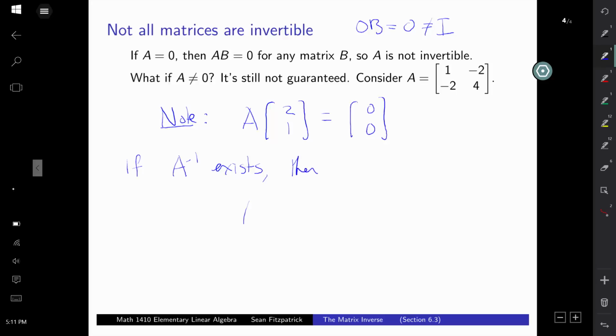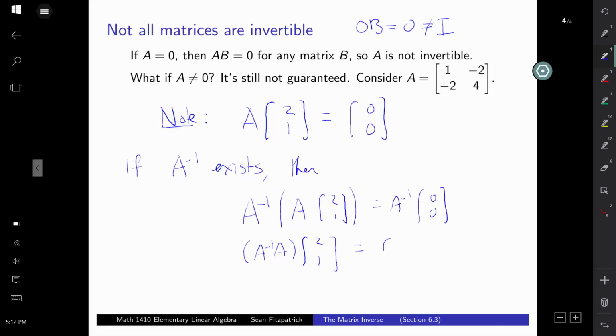then it would be true that if I multiply both sides by A inverse, A inverse times A times (2, 1) would be equal to A inverse times (0, 0). But on the left, I could write this as A inverse times A times (2, 1), and on the right, anything times 0 is going to give me 0.